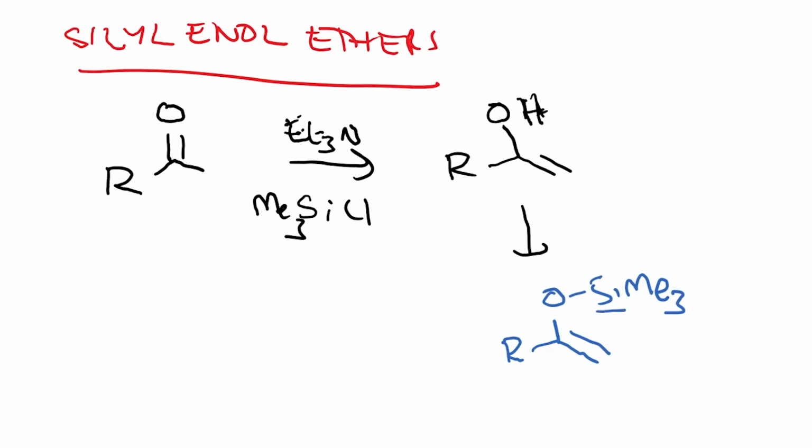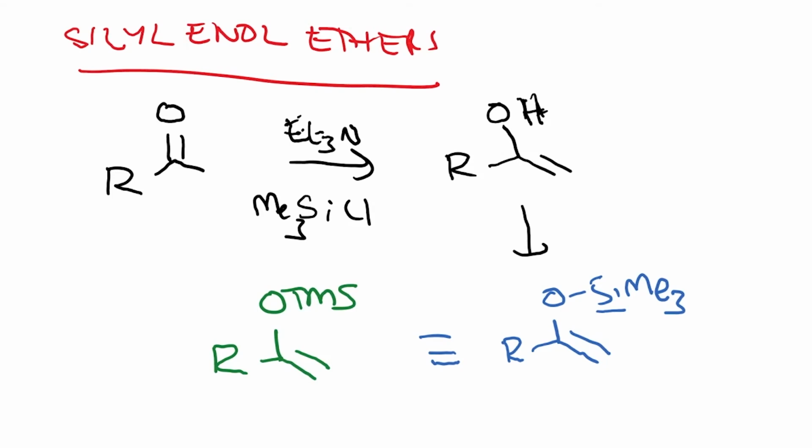So this is called a silyl enol ether. So sometimes this is also represented as ROTMS, which talks about trimethyl silyl group. Okay, so this is the key reagent in this reaction.